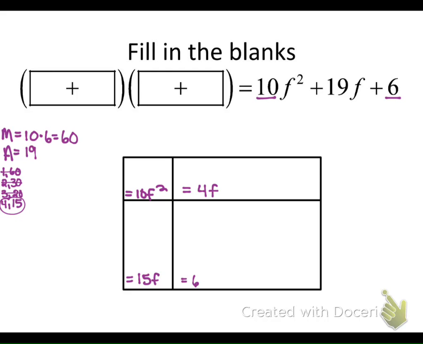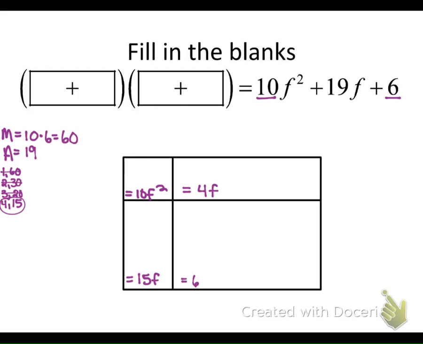Okay, so I've done step 1, I've done step 2. I've completed step 3. So now I'm at step 4. Step 4 tells me use the greatest common factor to factor my top row of my rectangle. So you're going to find the greatest common factor for 10f squared and 4f. You can do that in 2 ways.